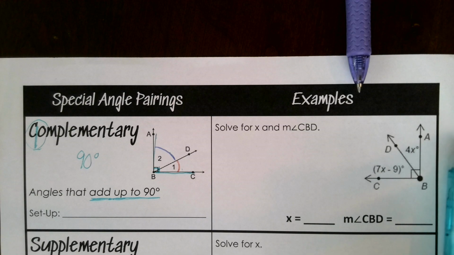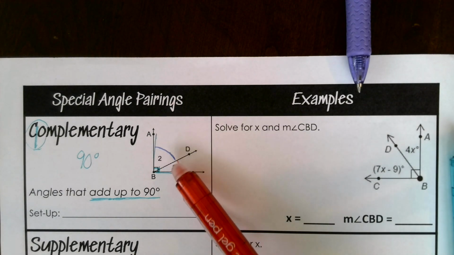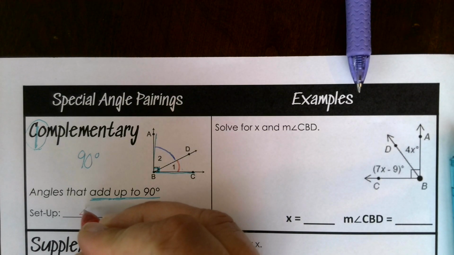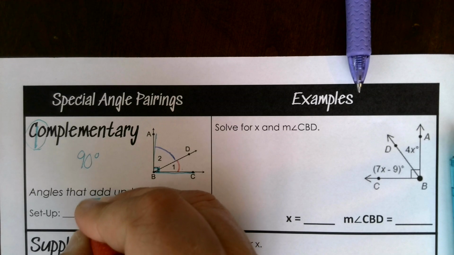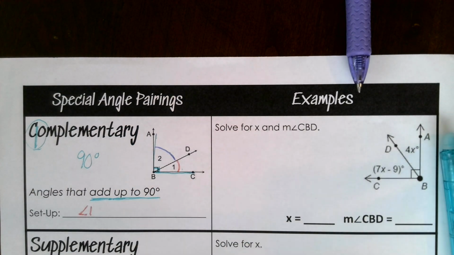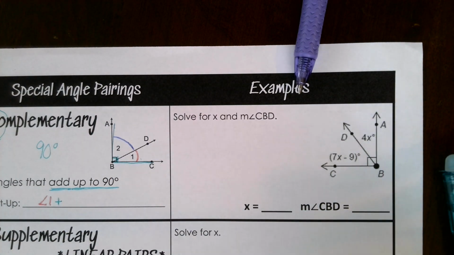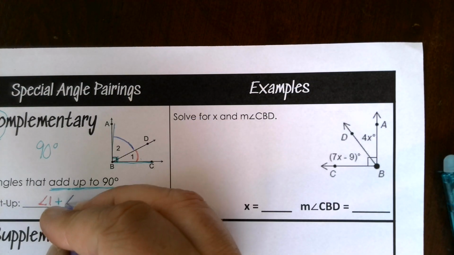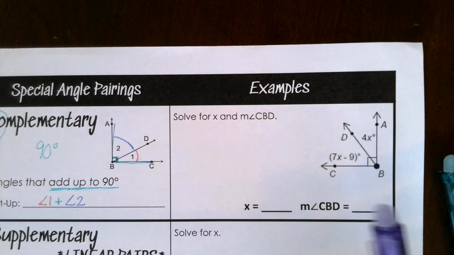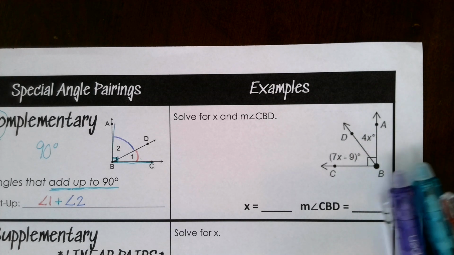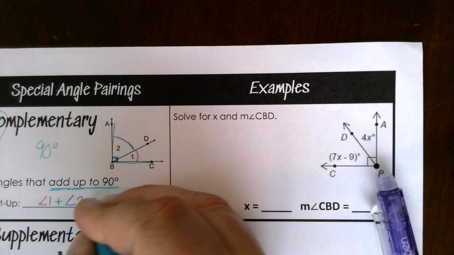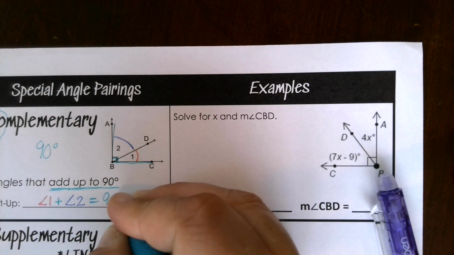The way that we're going to set these up, we can say that this first angle, angle 1, plus our second angle, together are equal to 90 degrees.